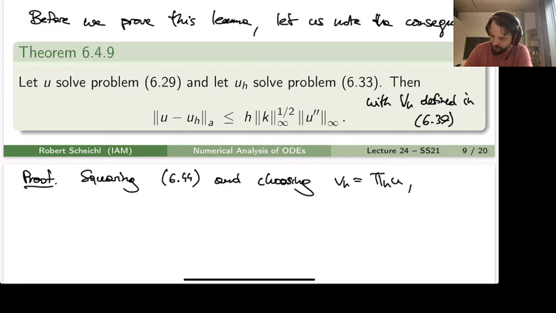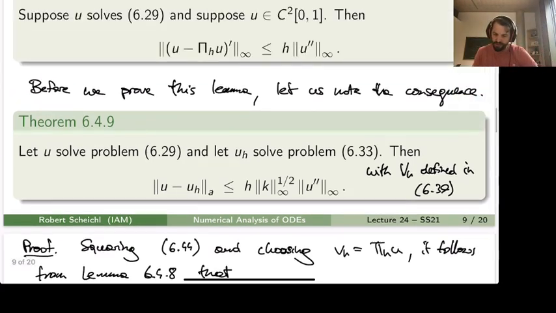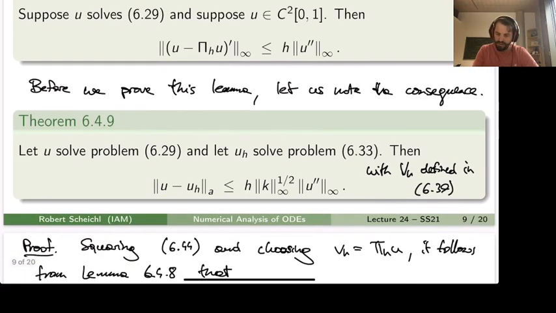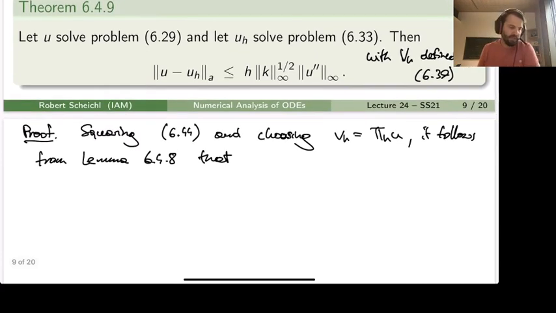It now follows from this lemma that I've just stated that U minus UH in the A norm is always less than or equal to U minus VH for any function in the subspace.